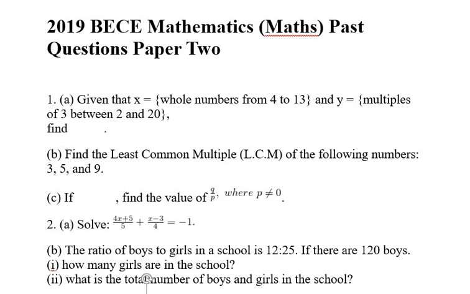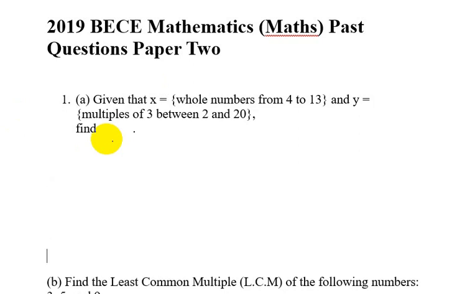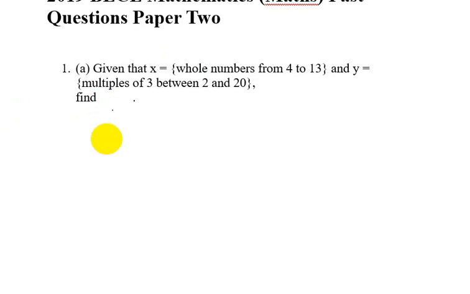Now, number one for 2019 says that given that x equals whole numbers from 4 to 10, and also y is multiples of 3 between 2 and 20. So we have x is whole numbers from 4.